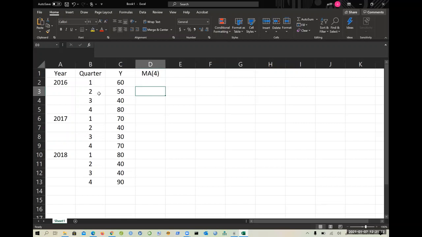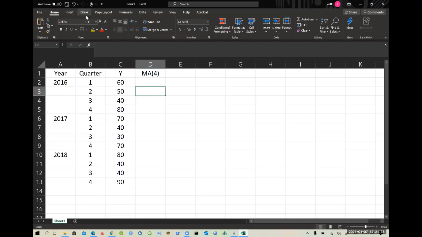Here, with 1, 2, 3, 4, the middle is in between 2 and 3, right? If you take 60 plus 50 plus 40 plus 80, you get 230, and divide by 4 to get the average, 57.5.